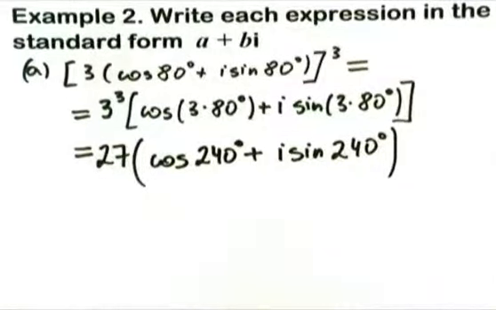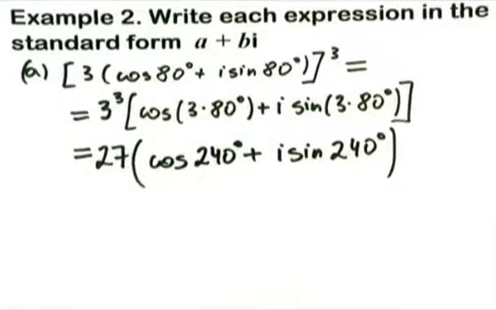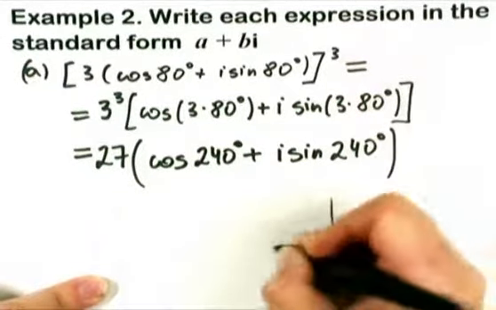But that's not the end, because they want a standard form a plus bi, or x plus yi. So we need to find each angle. We need to find cos 240 degrees and sine 240 degrees. So let's draw the angle.